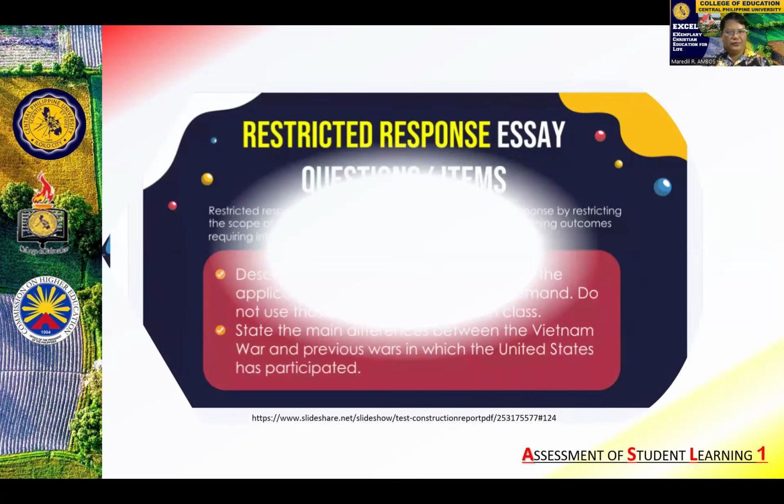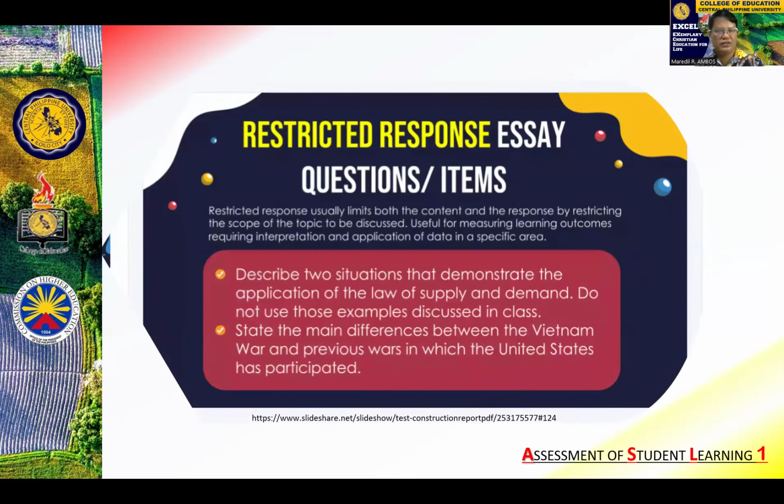For the restricted questions, the restricted response usually limits both the content and response by restricting the scope of the topic to be discussed. It is useful for measuring learning outcomes requiring interpretation and application of data in a specific area.